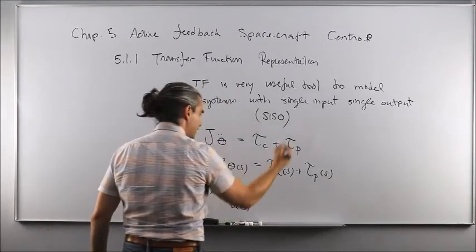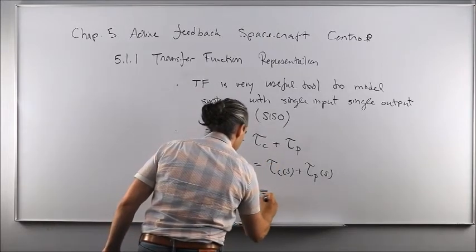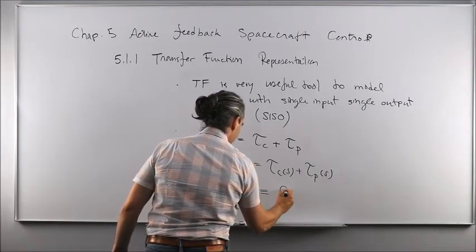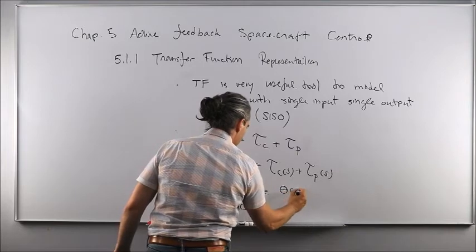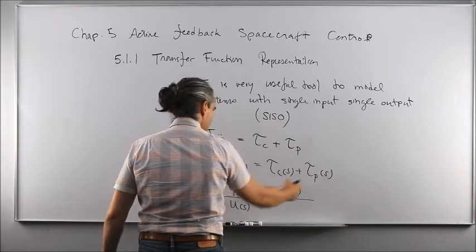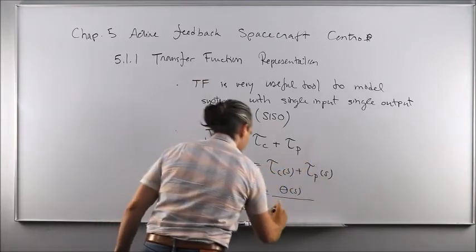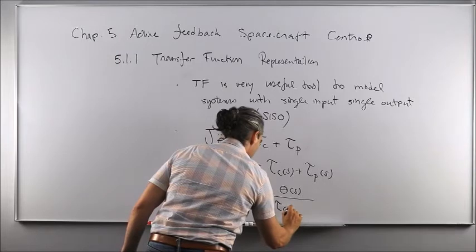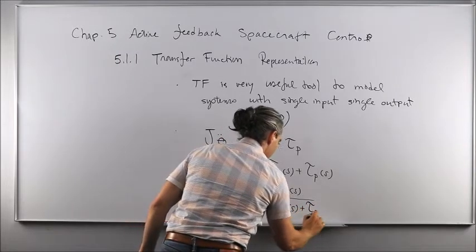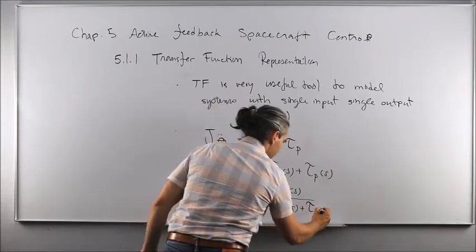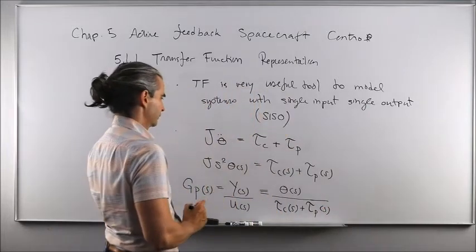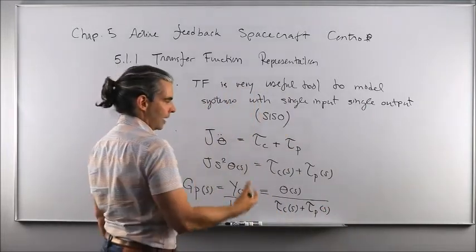But here, in our specific case of spacecraft rotational motion, our output will be the rotation angle over the input, and the input is going to be those two torques being added together. So the control torque, or the action of the controller, plus the undesirable or desirable effects of the environment into which our spacecraft is evolving. Tau C in the S domain plus tau P in the S domain.